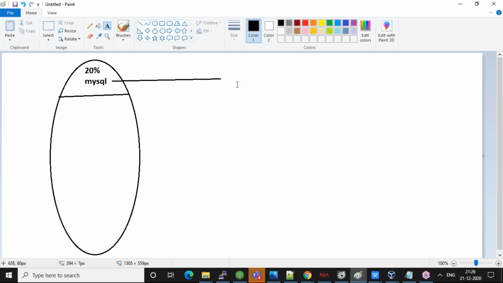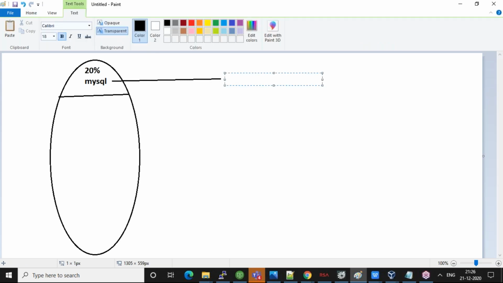By using an RDBMS, what type of data can we process? Only structured data, that is nothing but table data, and for example text files and CSV. That's it, only this data you can process.